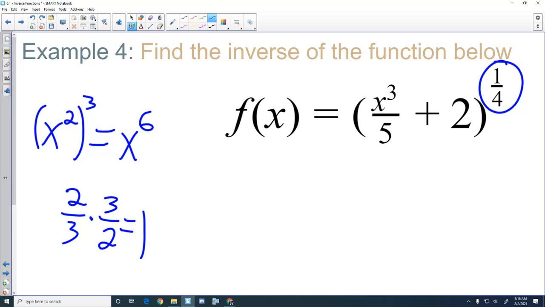You're close. You need to get rid of the 5 before you get rid of the 3, though.